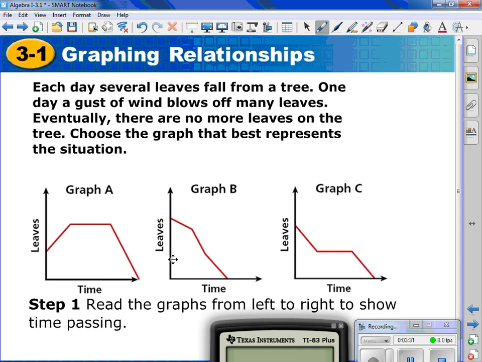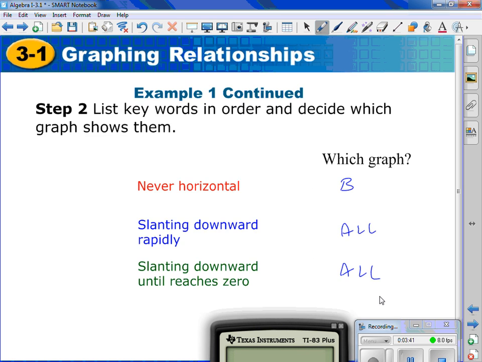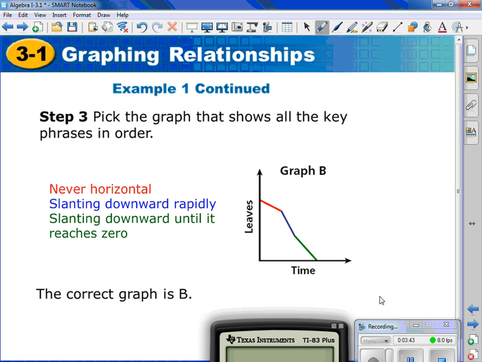All right? This one, they fall off. This one, they fall off. Then they stay for a while. Then they fall off some more. The best one was B. They fall off. They fall off faster, and then they all fall off. This is what we're doing in the graphs. We're trying to figure out which one's the best representation.